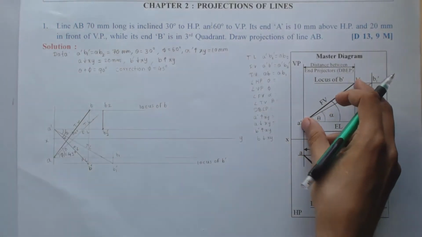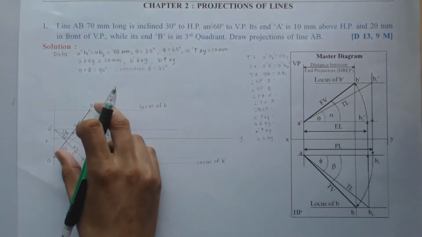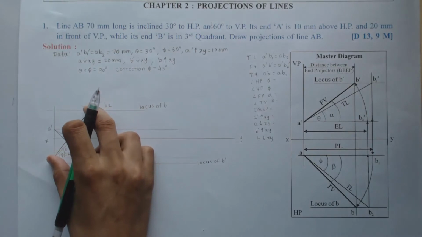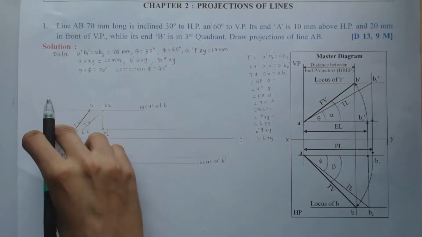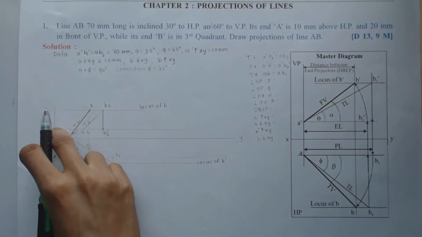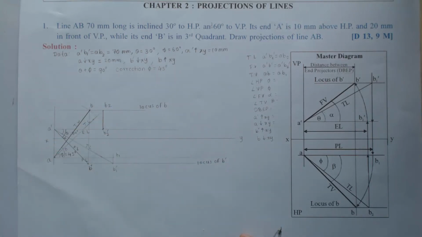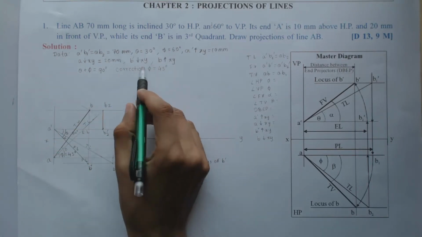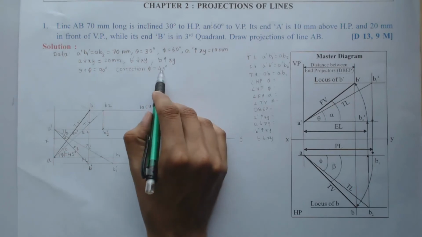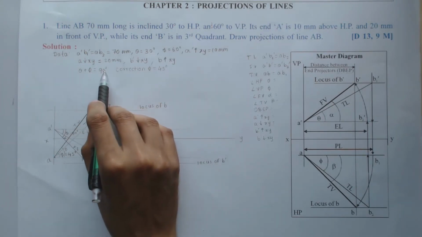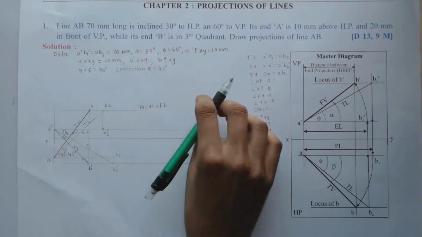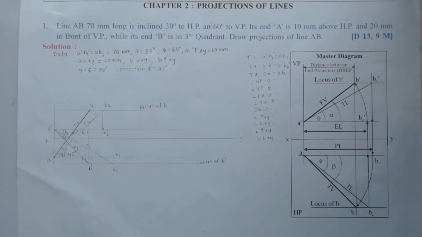In that case, I would have got this AB as a vertical line, and A dash B dash again a vertical line. So that is not the case of an oblique line. So we have made a correction for angle phi so that theta plus phi is not equal to 90 degree, which is the condition for an oblique line. Okay, so this completes the solution of this problem.